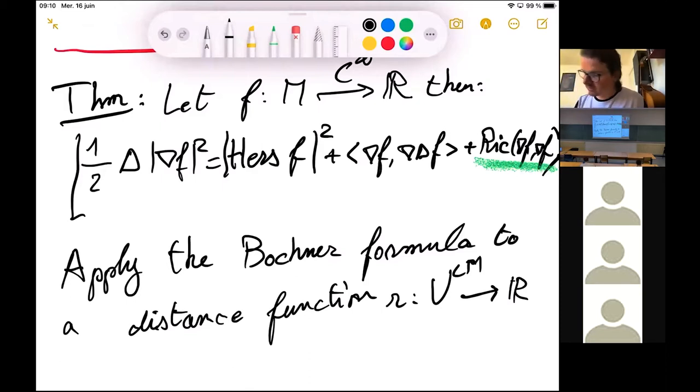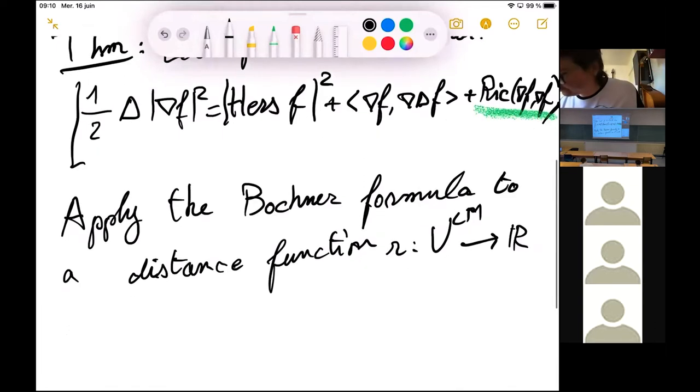I know there are competing conventions, so we have to be careful with that. If we have a distance function, its gradient has constant length, so this term will give 0 here.